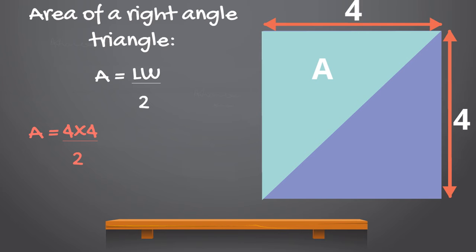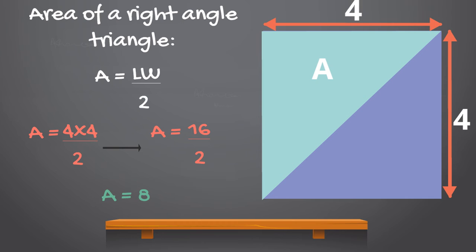So that top line looks a bit weird at the moment, so let's just make that a little bit simpler for ourselves by doing the sum. And we get area is equal to 16 divided by 2. So, do the sum. 16 divided by 2, area is equal to 8. And that makes sense, because the area of the whole shape is 16. 4 multiplied by 4. Half of that, which is the shape we've got highlighted, is 8.